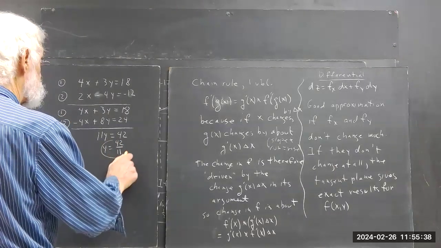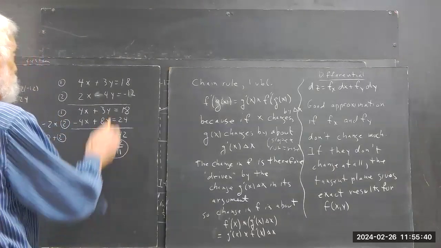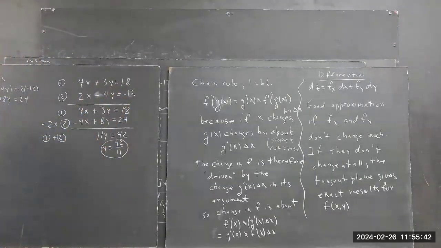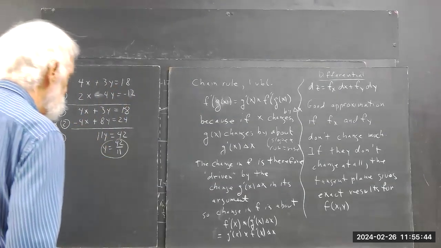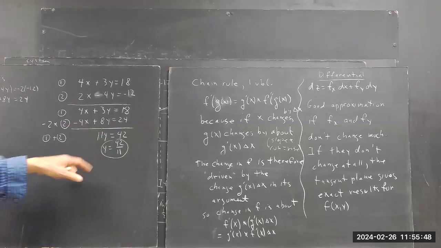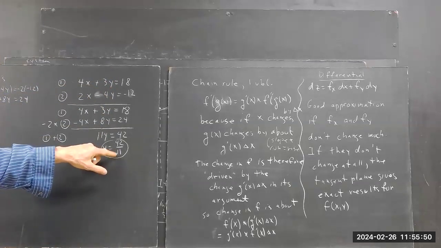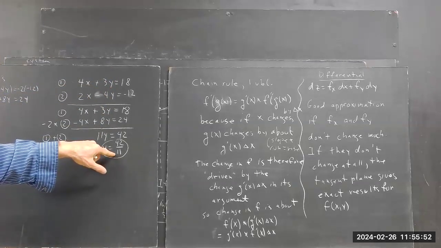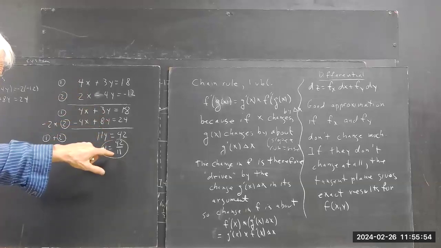So we take this and plug it in to one of these two equations. Now, if there's an equation that had an 11 in front of y, we'd use that because it would multiply out this 11.